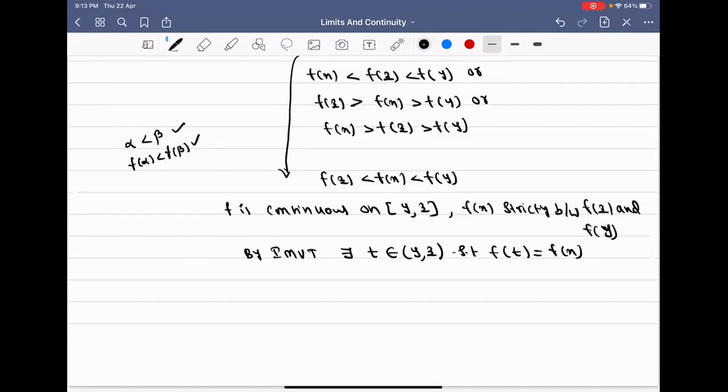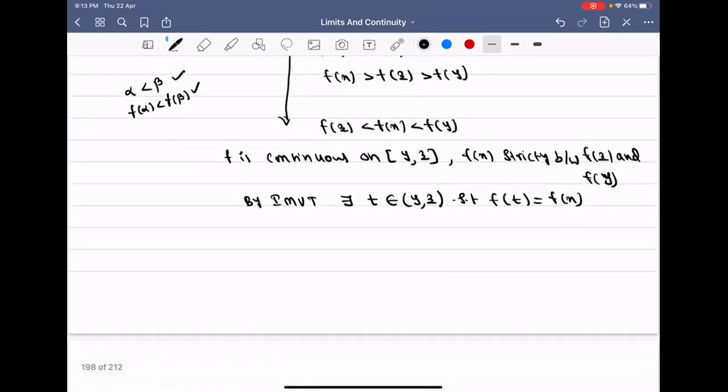Intermediate value theorem, see, we'll draw the graph. Our interval is [y, z], and the function is a continuous function.